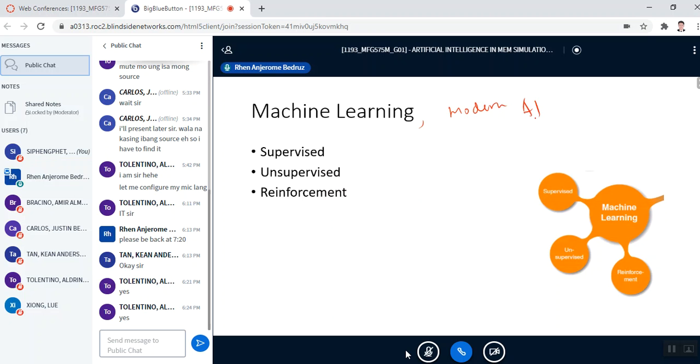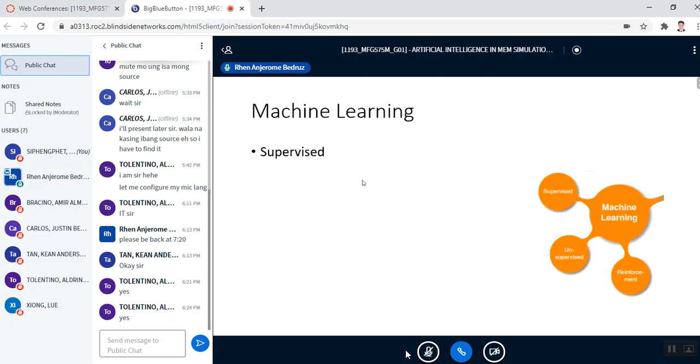Normally, these days when we talk about AI, we are actually talking about machine learning. We have three types of machine learning: supervised, unsupervised, and reinforcement.